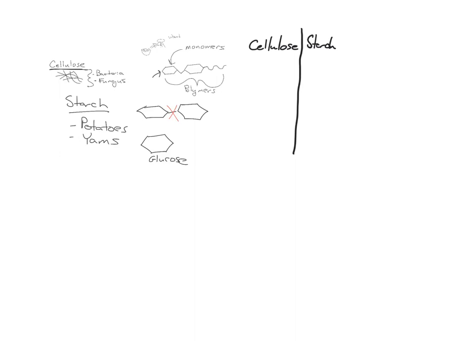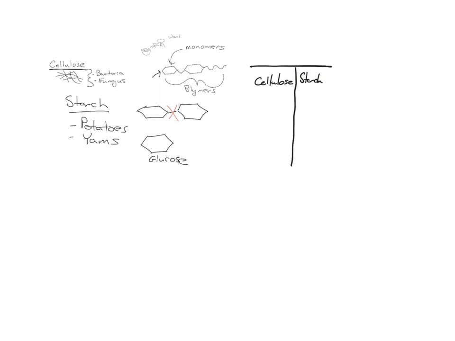Both of these are plants use these. Now, animals store sugars in different ways. So plants have cellulose and starch.